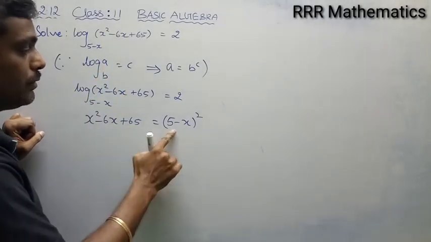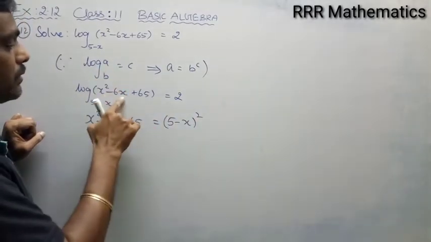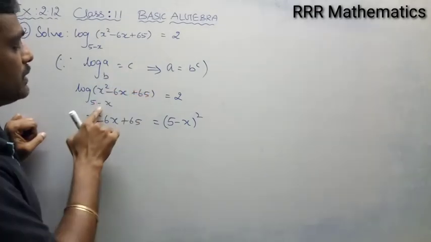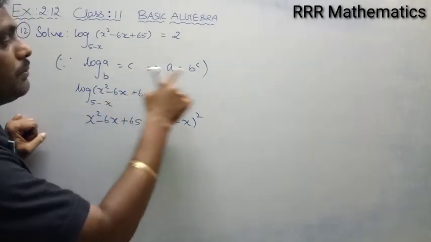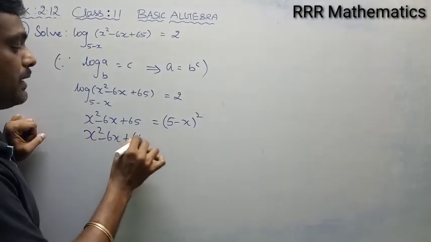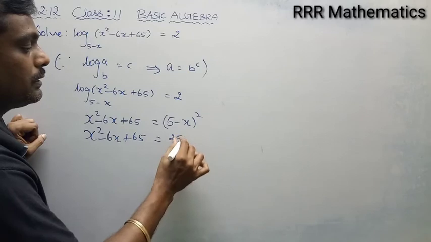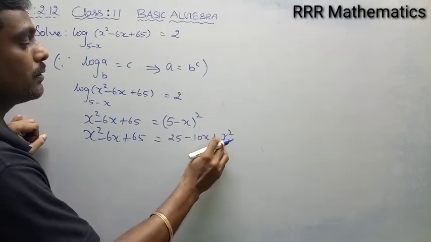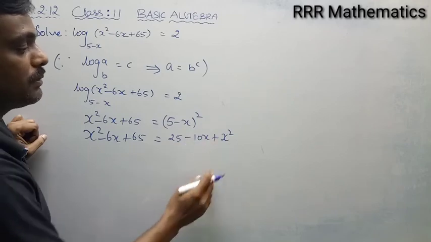So a equal to b power c. A is x square minus 6x plus 65, b is 5 minus x, and c is 2. Very simple. Just expand using a square minus 2ab plus b square. Got it? 25 minus 10x plus x square.